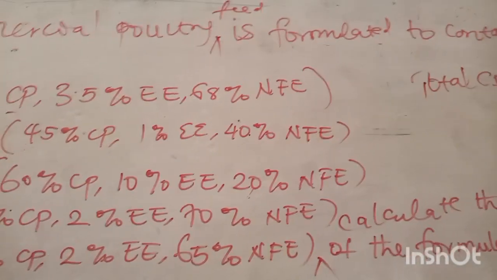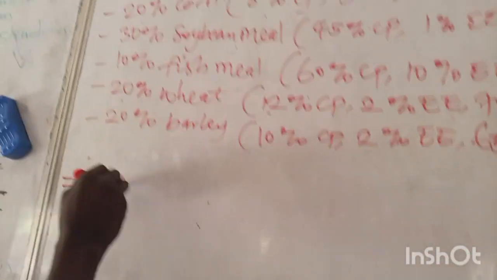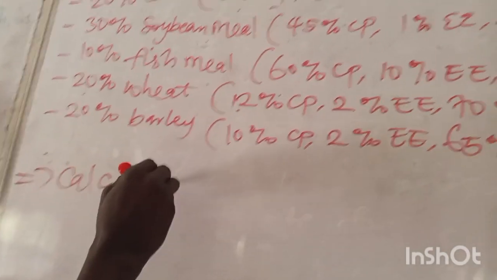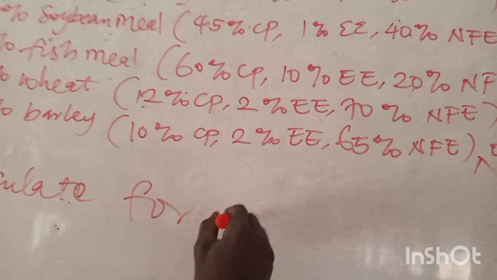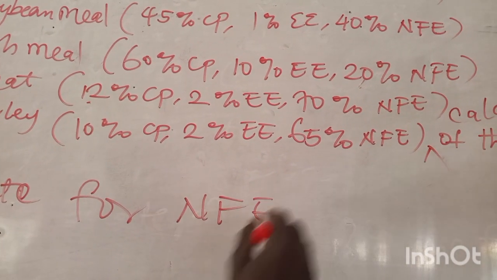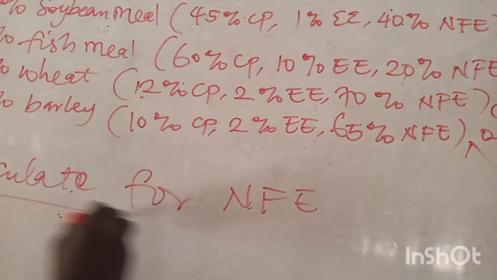So now we are going to calculate for the NFE. So the third approach to this is what? Calculate for what? NFE, which is the nitrogen free extract. How do we do that?